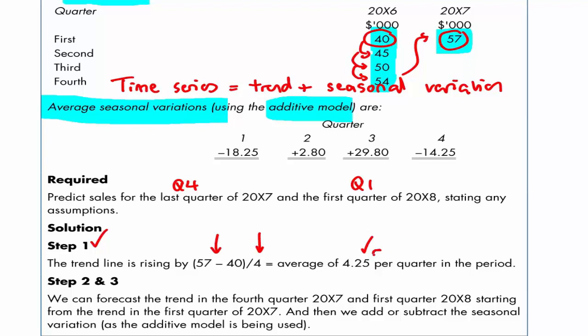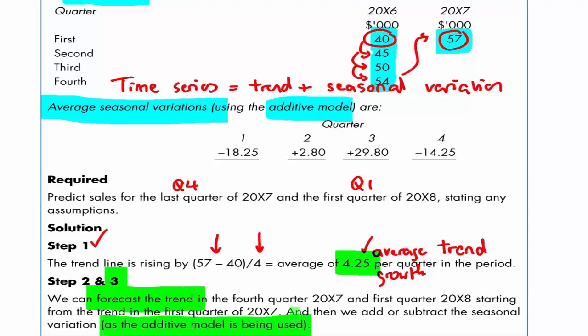So that is the average trend growth, and that's step 1. And now that we've got the average trend growth, we can extrapolate, forecast the trend, and then step 3, we can put in the seasonal variation, which we're going to add in because the additive model is being used here.